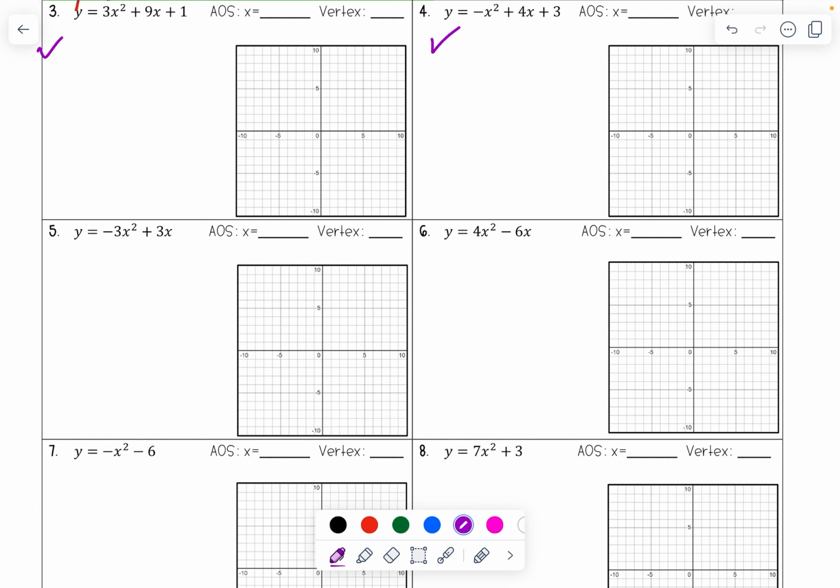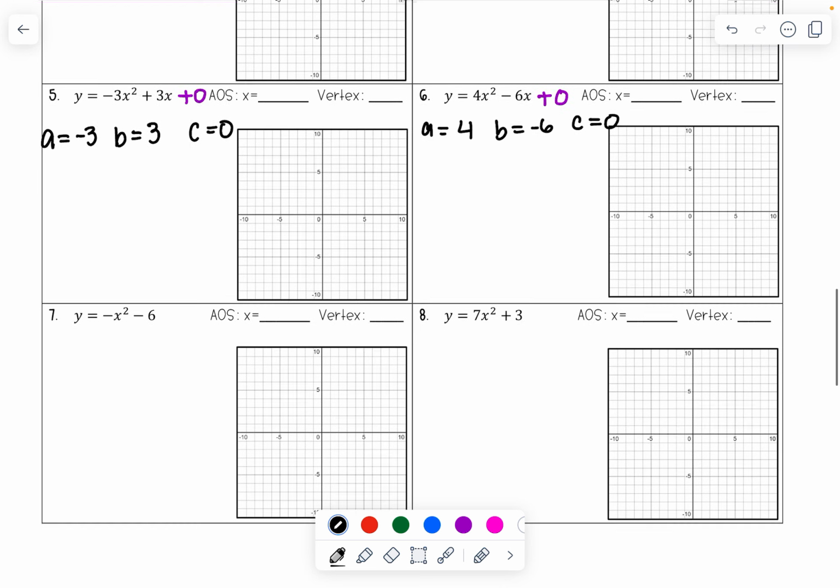However, when it comes to 5, notice that there's no number at the end. And so when you're determining a, that's still going to be -3. b is going to be +3, but c is going to be 0, which would affect your formulas. Same thing with problem number 6. We have no constant term. A number that represents nothing is 0. So here a is 4, b is -6, c is 0.